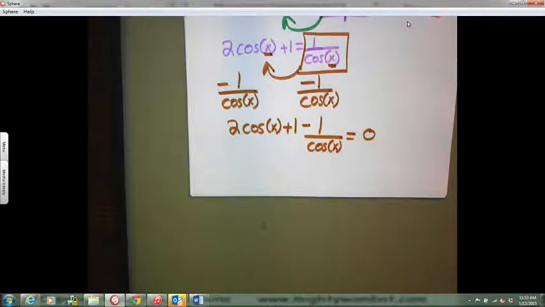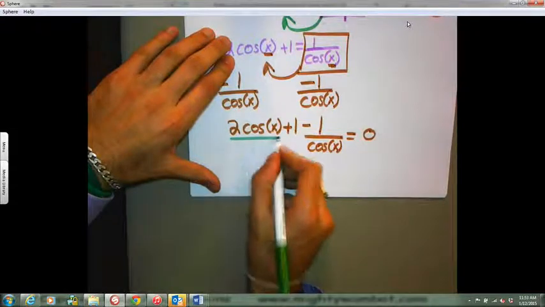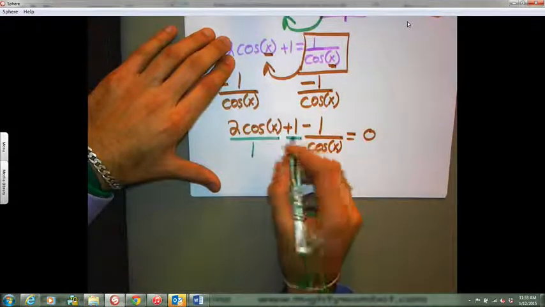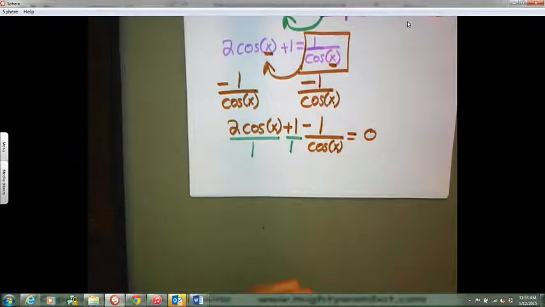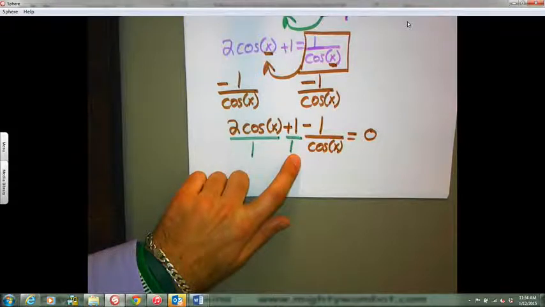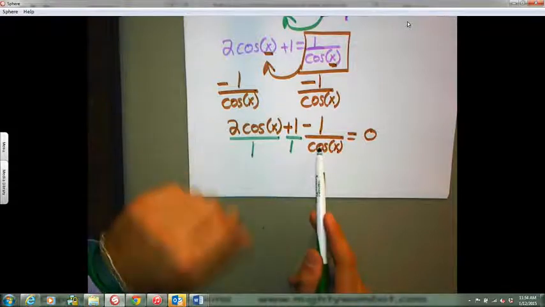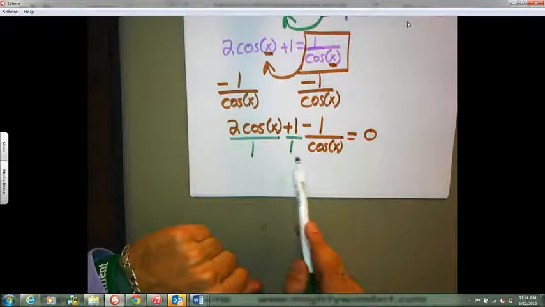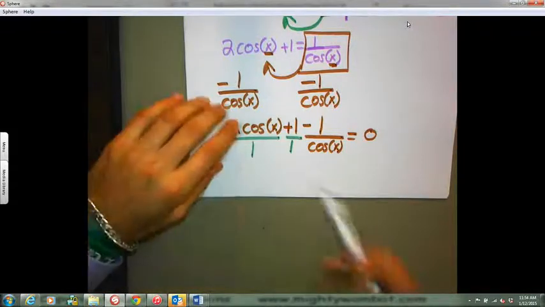And now remember that these are really over 1. These are really over 1. So we now have 3 separate fractions here. And before we can solve this, we need to combine them, right, into one fraction.